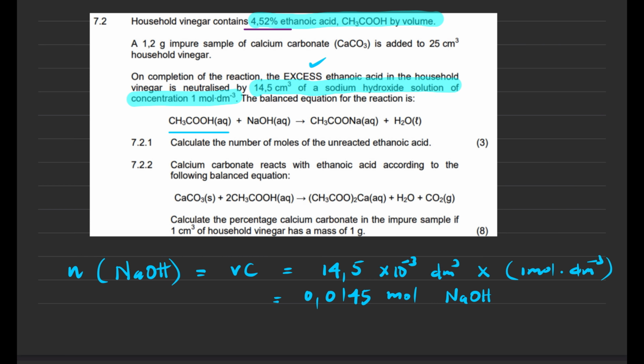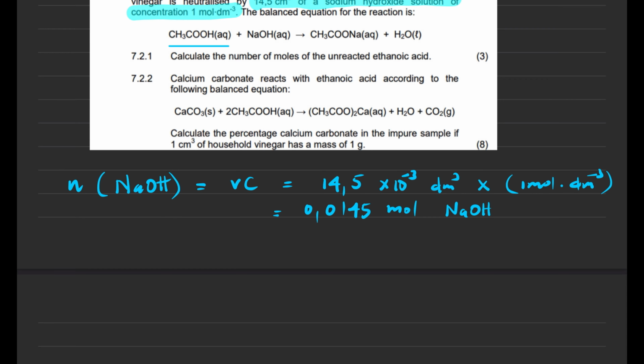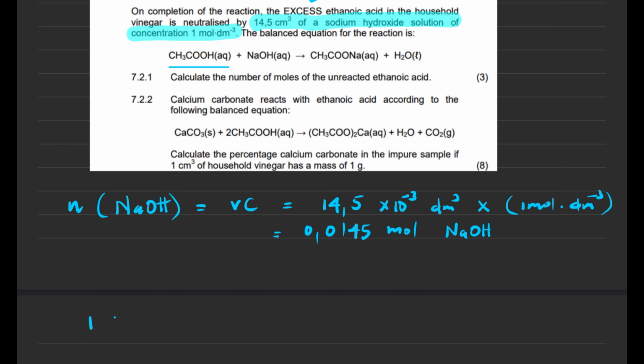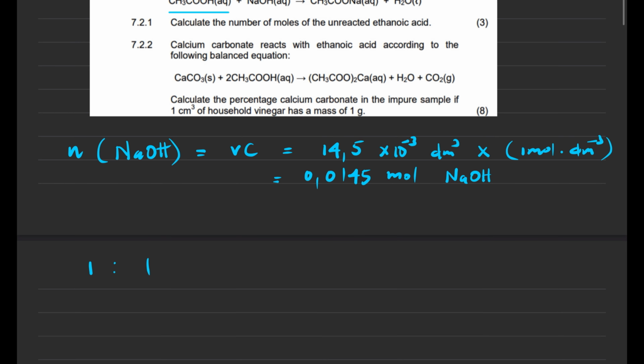So now you need to find the excess ethanoic acid or the ethanoic acid which was unreacted, okay? And then using the molar ratio, you've got 1:1 molar ratio between ethanoic acid and what? And sodium hydroxide. Okay?